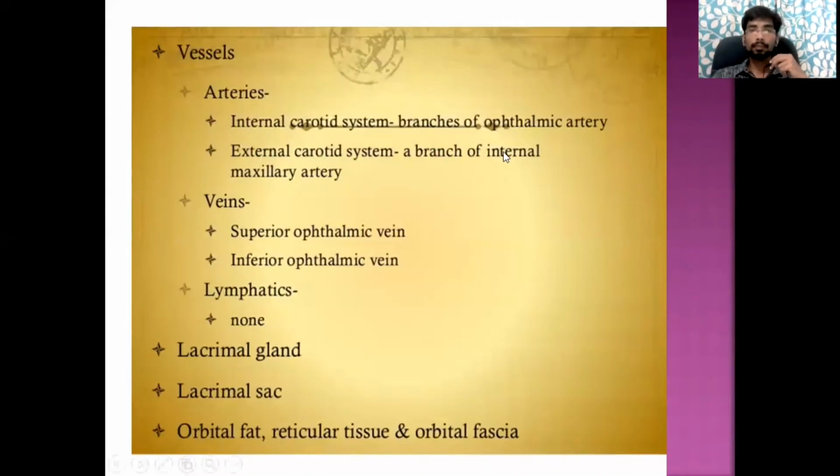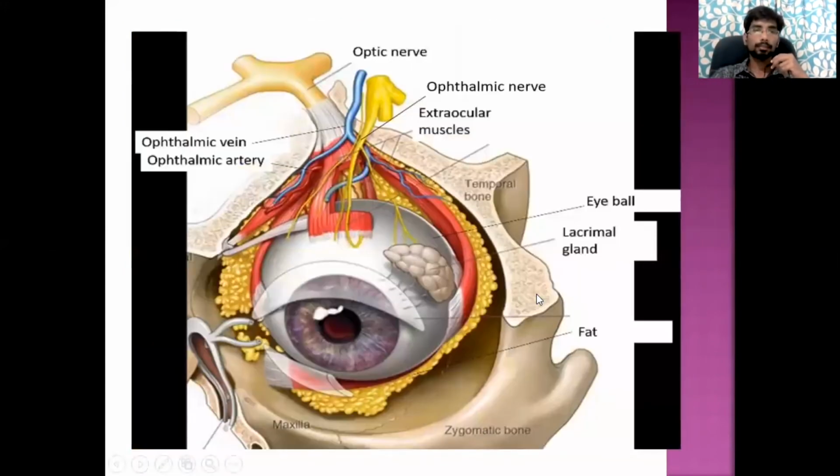Arteries are branches of the ophthalmic artery and branches of the internal maxillary artery. Veins are the superior and inferior ophthalmic veins. No lymphatics are there. Lacrimal gland, lacrimal sac, and orbital fat are the contents. So, ophthalmic vein and ophthalmic artery, lacrimal gland, extraocular muscles, and orbital fat.